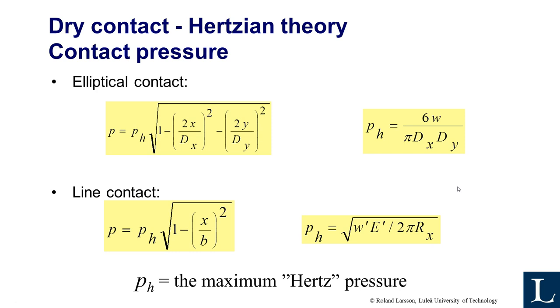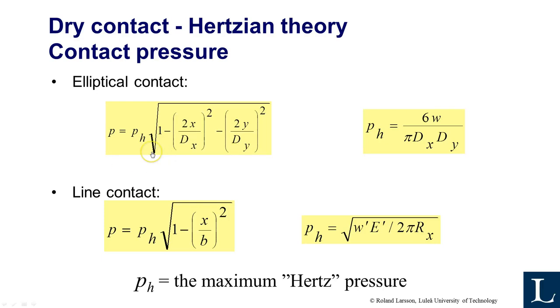So, if you compute dx and dy according to that, then you can find also the maximum pressure or the pressure distribution inside the contact. It looks like this. So it varies according to this expression. It is 0 along the edges of the contact, as you may expect, and it has its maximum in the very center of the contact.